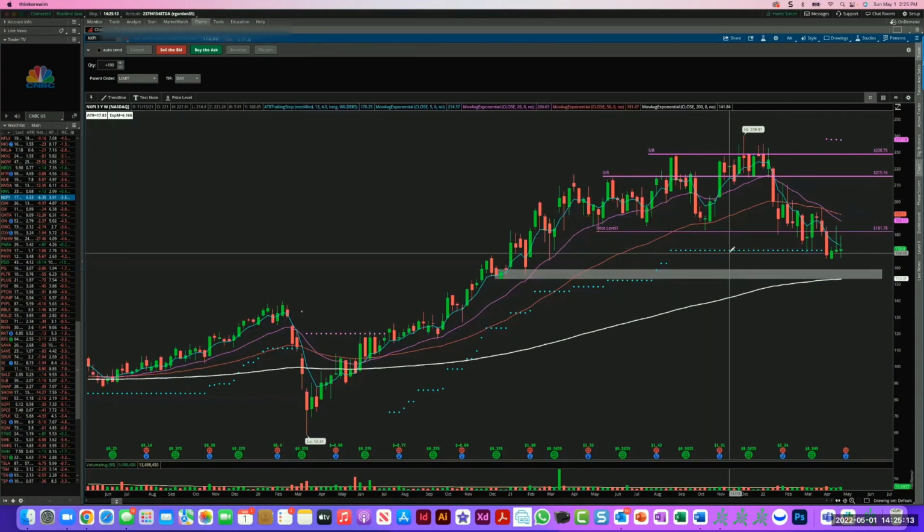Let's see, what would be 170 minus 17? 170 minus $17 is 153. So 153 is what the 200-day EMA is. So if it makes a full move, then it's going to find support possibly here at the 200-day EMA. Then the question becomes, does it hold or not?